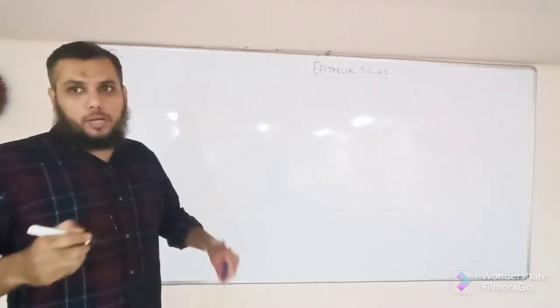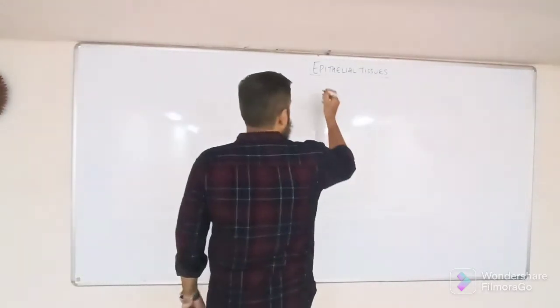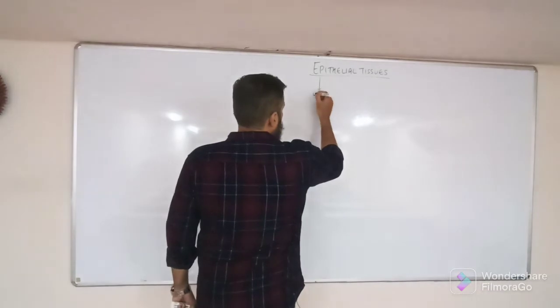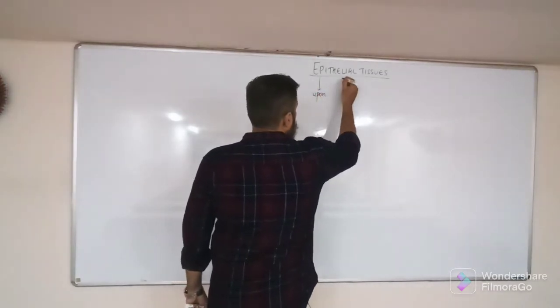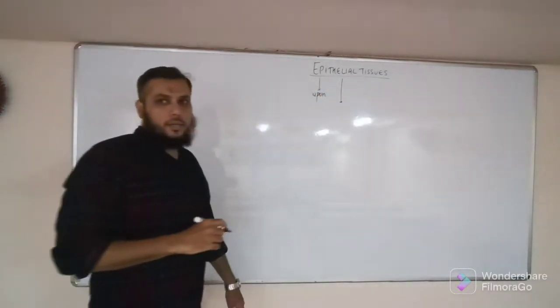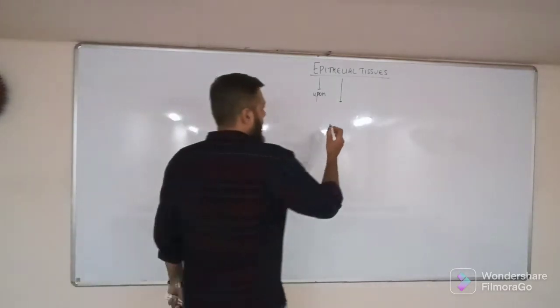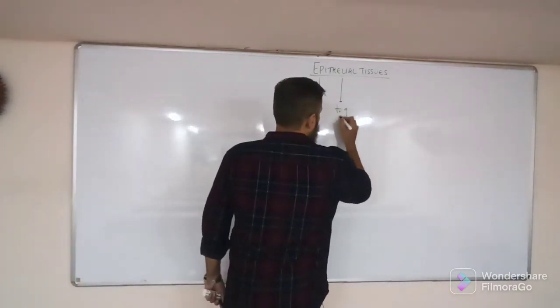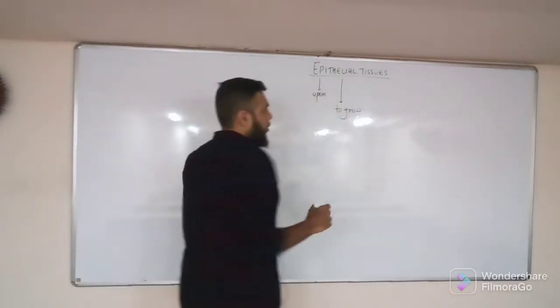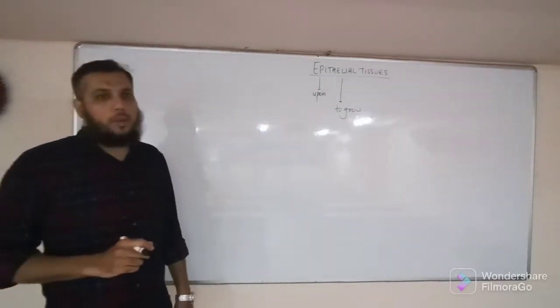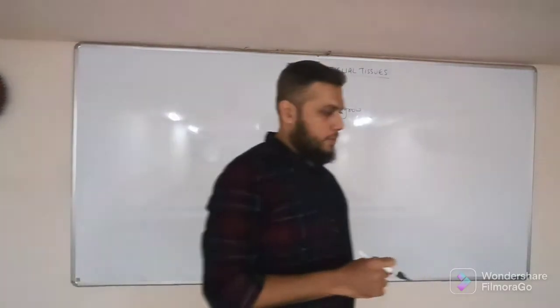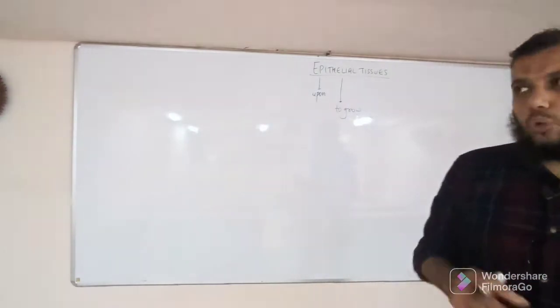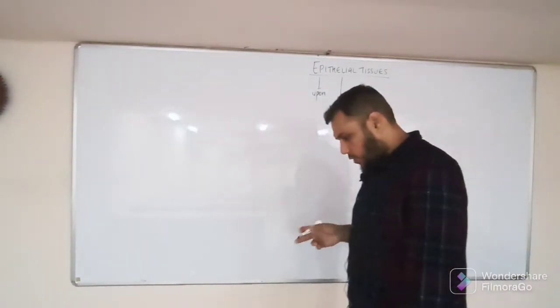Okay. Let us break up the word epi, which means upon, and thelia. Thelia means to grow. So the meaning of the word epithelia is a tissue which grows on some other tissue.